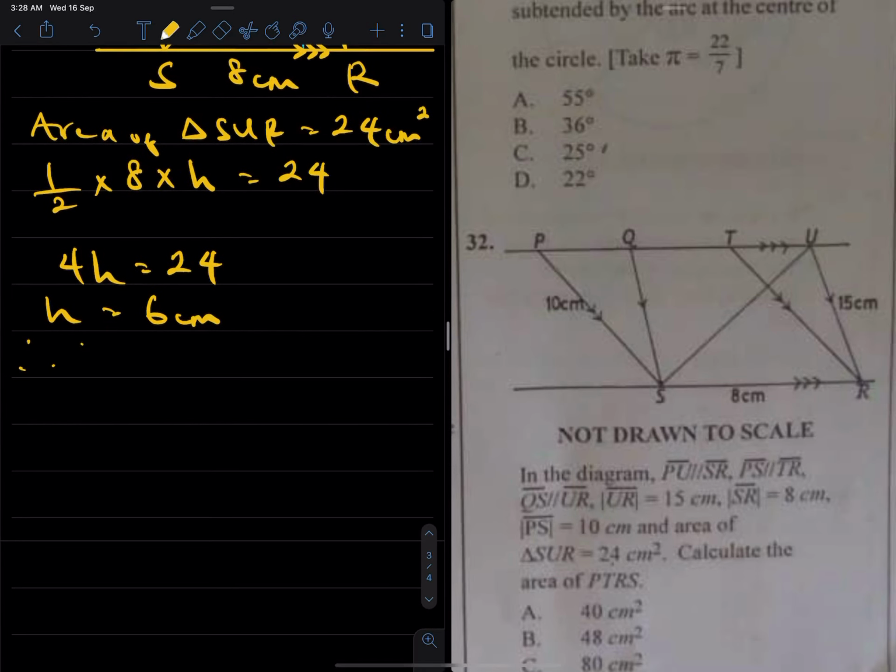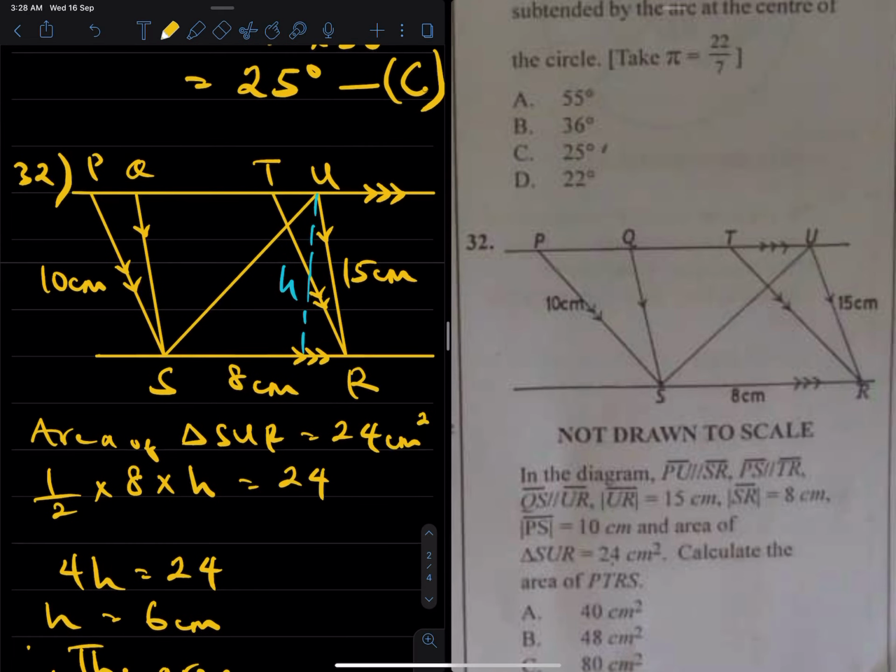So the height of triangle SUR is the same as the height of parallelogram PTRS. We can all see this height is the same as the height of the triangle.